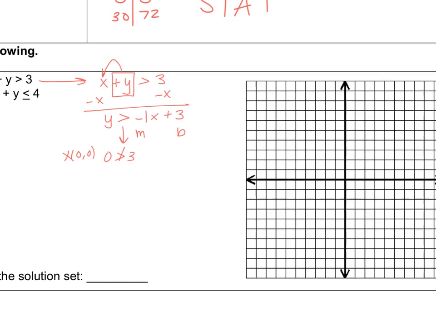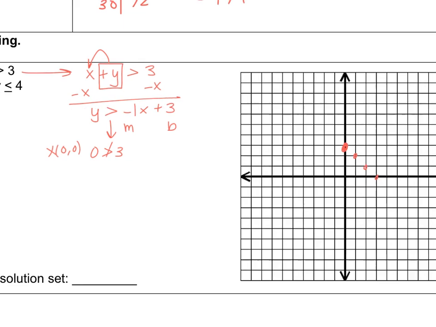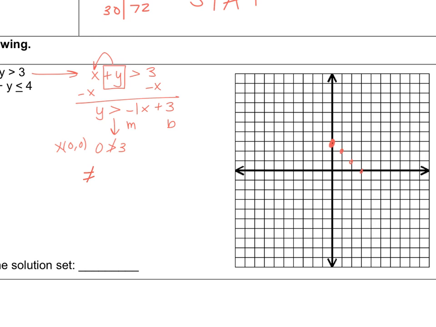So let's see what happens when I graph this. I'm going to graph my y-intercept at 0, 3. And I want my slope to be negative 1, so it'll be down 1, right 1, down 1, right 1, over and over. It is a not equal, so since it's not equal, we're going to have a dashed line.